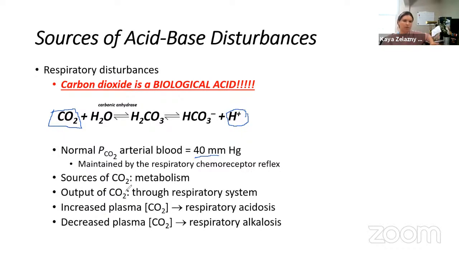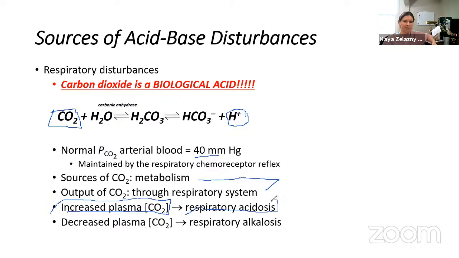If we are not doing these two pieces correctly, so if we are not breathing out the CO2 that we're creating, we will see an increase in plasma CO2. You're doing respiration, but you're not breathing out. You're going to see respiratory acidosis.